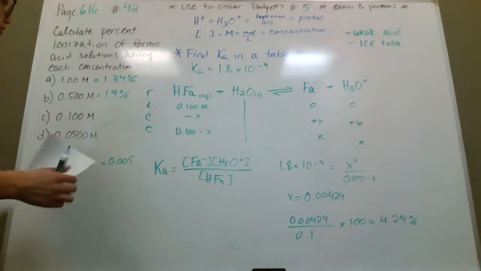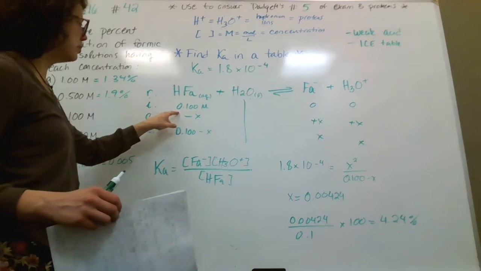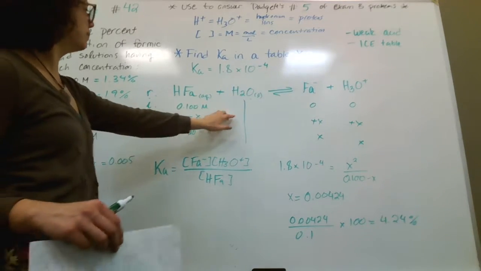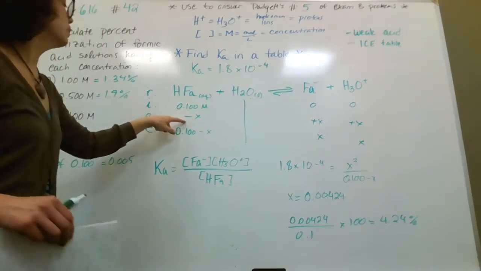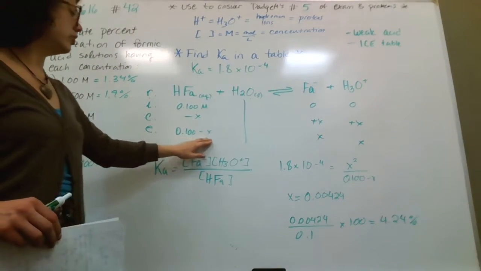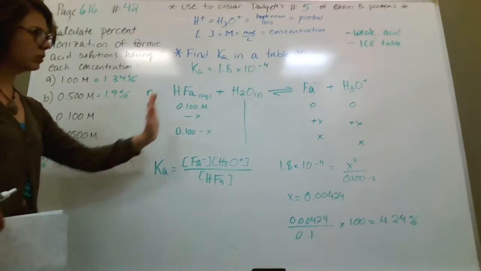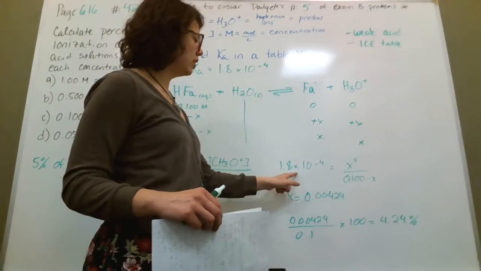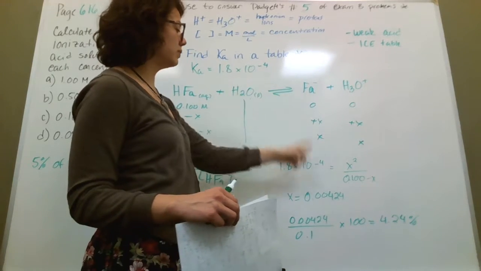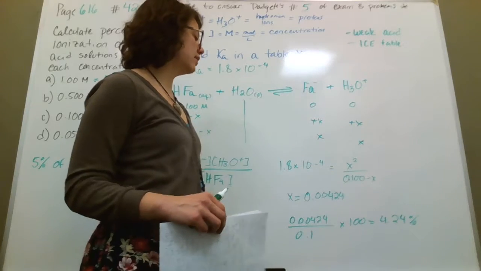Okay, for C, you go about the exact same way. You make an ICE table and you plug in your numbers: 0.100, 0, 0, minus x, plus x, plus x, 0.100 minus x, x and x. Okay, so here's your mass action expression. We'll plug in 1.8 times 10 to the negative 4 that we got in our table in our book equals x squared over 0.1 minus x.